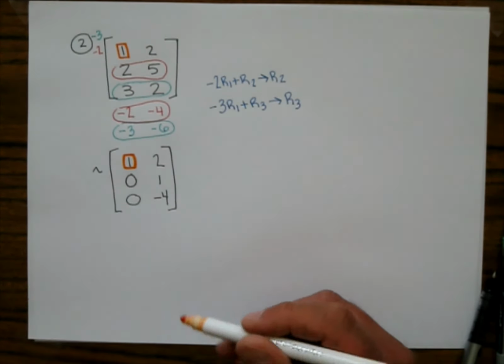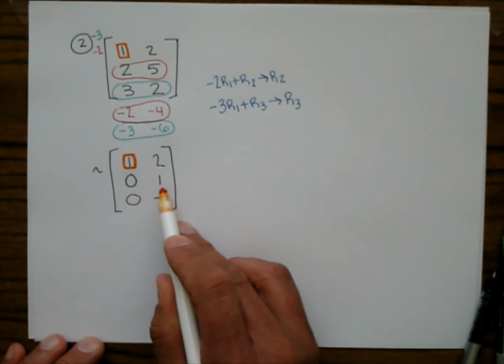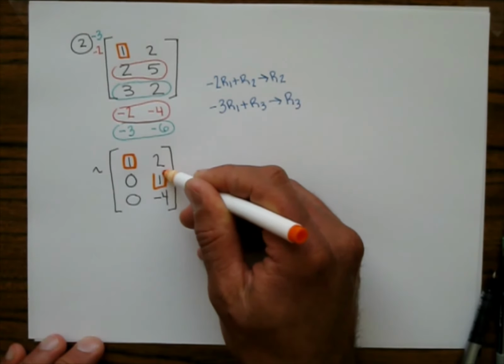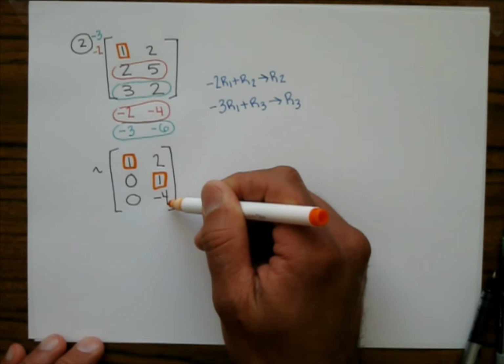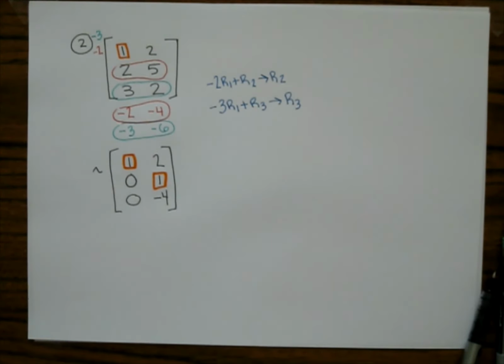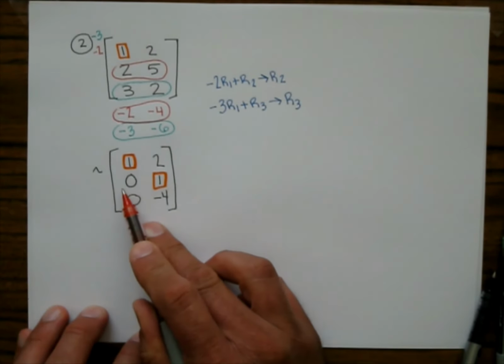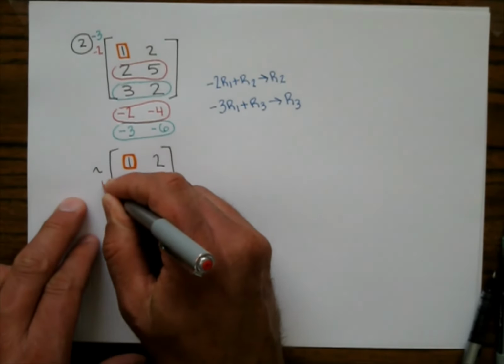Okay, so now I'm looking at row 2, and I see this one right here. I'd like to now use that as a pivot to try to take care of that -4. And how do I do that? Well, I want opposites there. So I'm going to multiply row 2 by a 4.